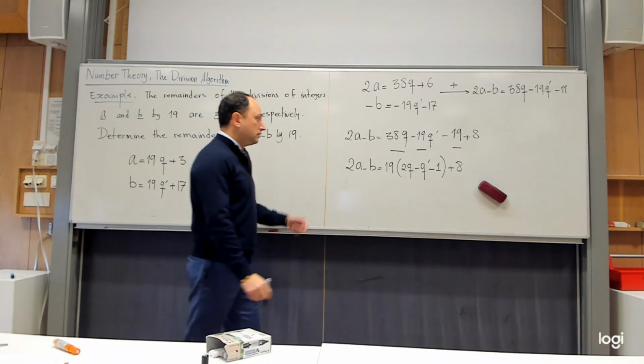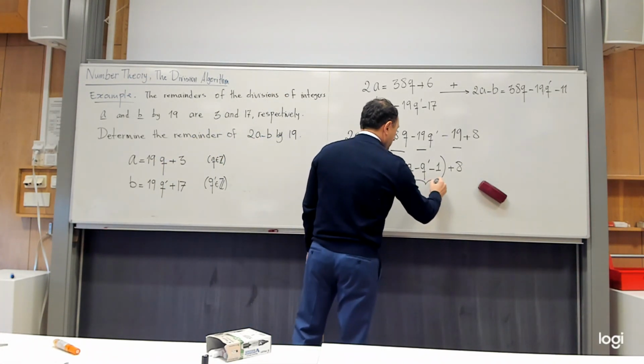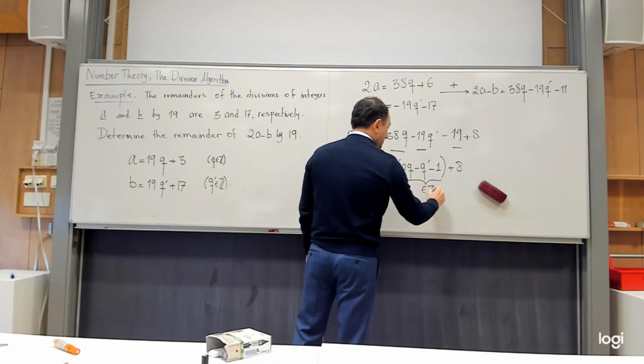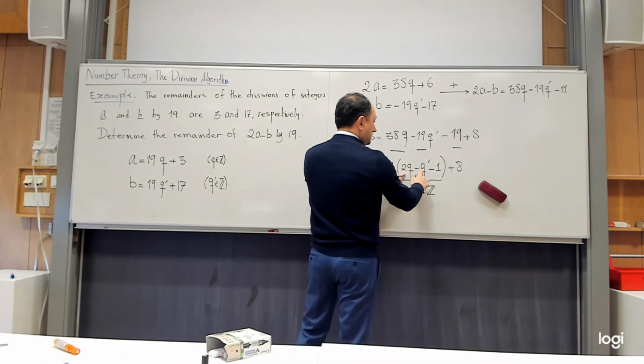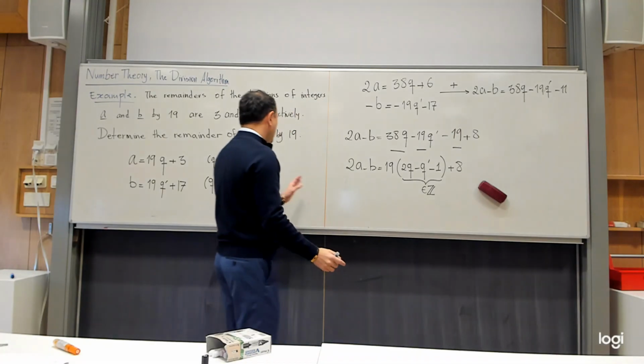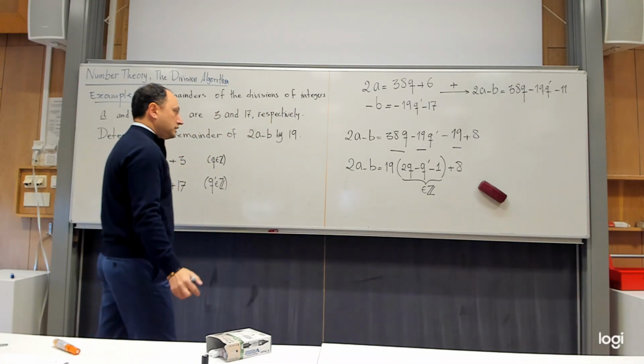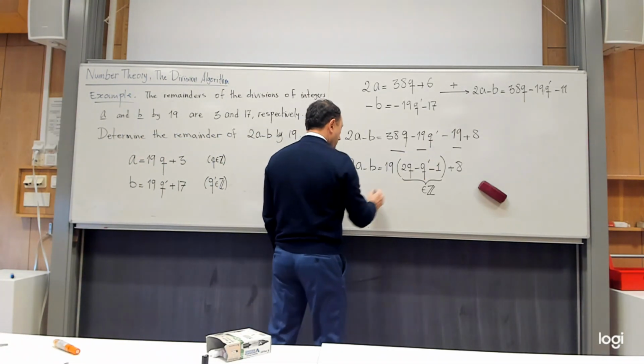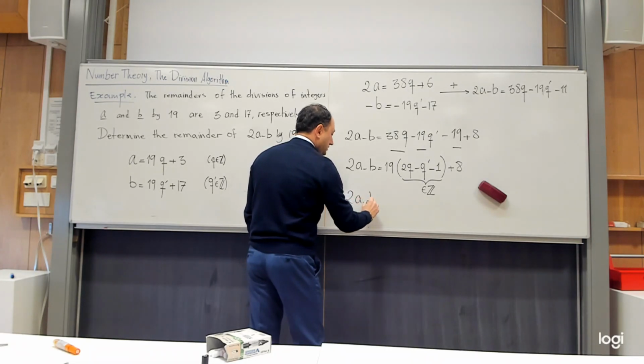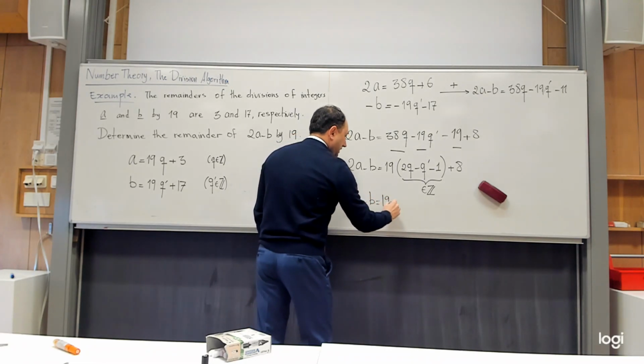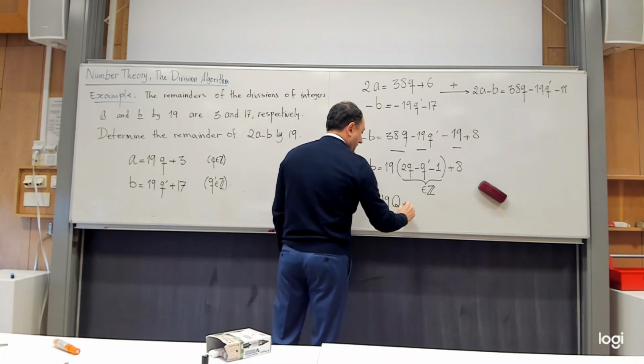And then this one is an integer. q and q prime are integers, 1 and 2 are integers, so everything is an integer, so this combination is an integer. I can call it capital Q, for example. It becomes 19 capital Q plus 8.